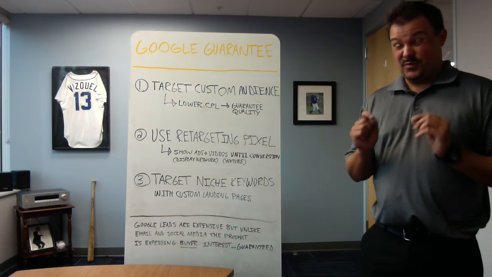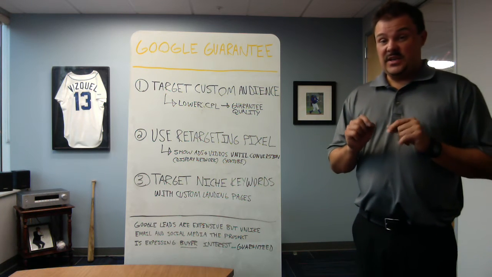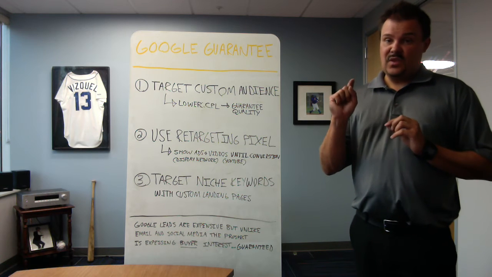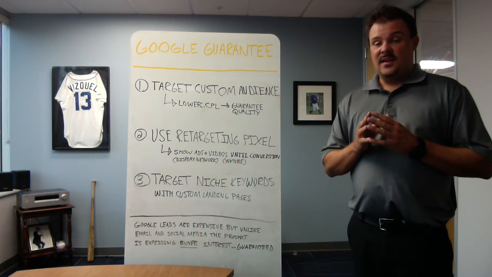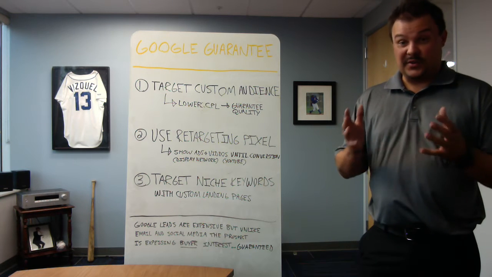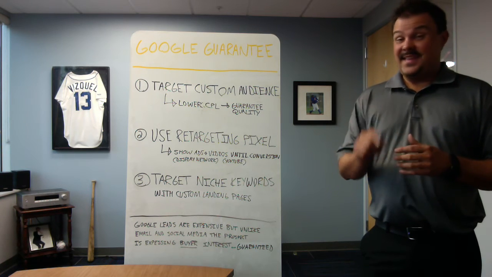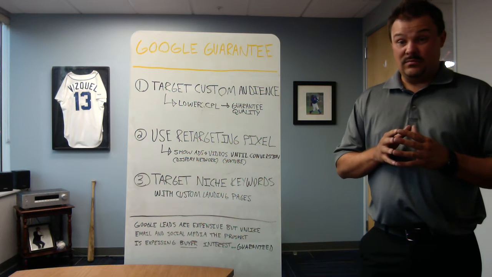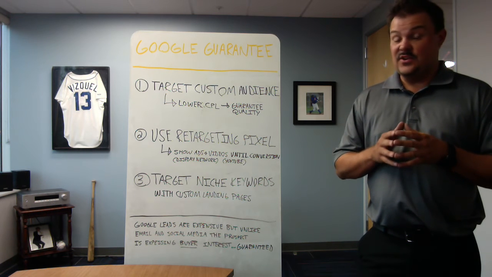The real key and the real secret is that when somebody searches for a term, they click your PPC ad. Let's say I'm searching for best steakhouses in New York City. And I click that ad. That landing page better be all about where the best steakhouse is in New York City.